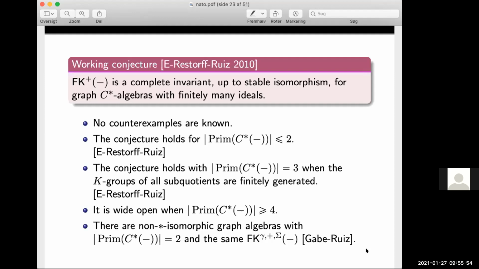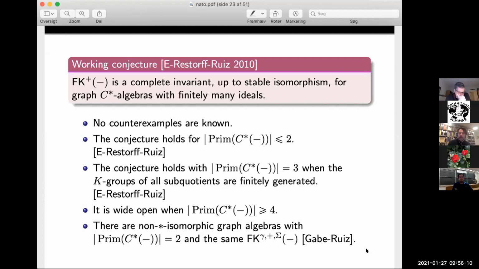And actually, recently we found out that this idea of putting a scale doesn't even work with two ideals. There are counterexamples, studied in work of Gabe and Ruiz, where they find C-star algebras that are stably isomorphic, but not isomorphic on the nose, even though they have the same scale.